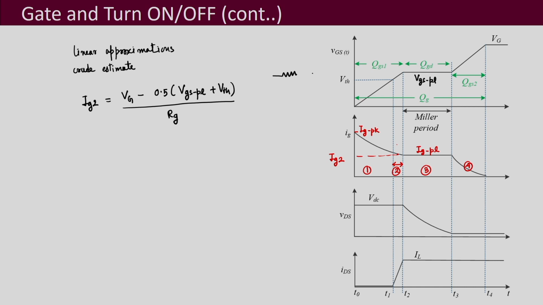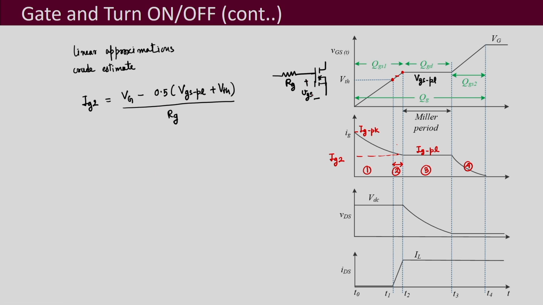Because you have this RG over here, gate resistor, then your MOSFET is there, and during this interval 2 this gate to source voltage is equal to VTH, and here it is equal to VGSPL. So, in between, if we want to find out, that will be half of the sum of these 2. So, VGSPL plus VTH by 2, which is what is multiplied by 0.5.